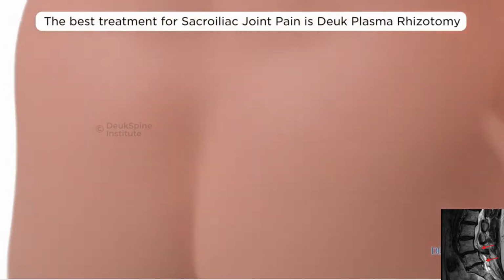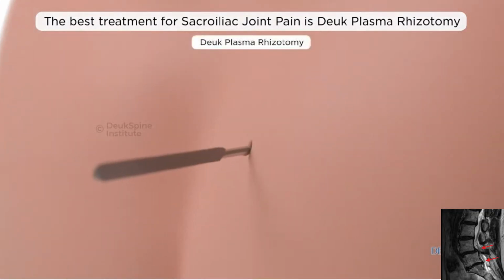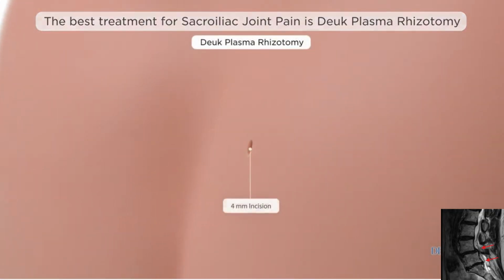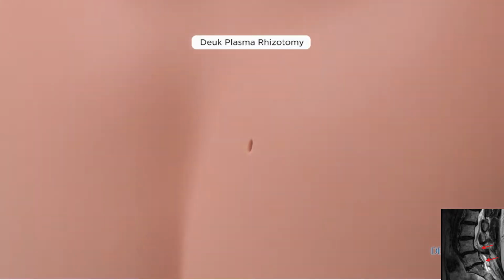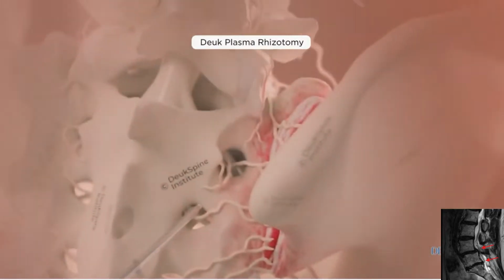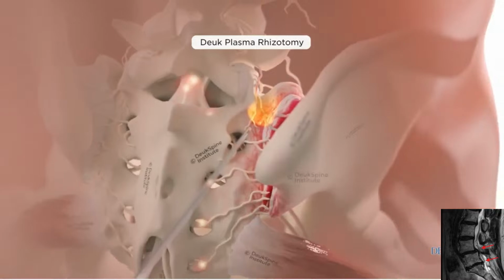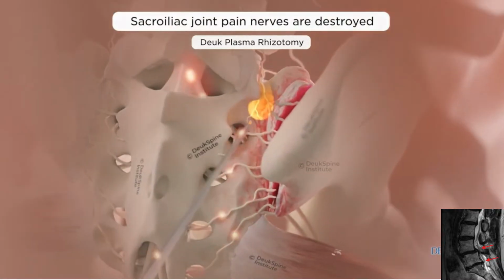The best treatment for sacroiliac joint pain is the Duke plasma rhizotomy. Sacroiliac joint pain nerves are destroyed.